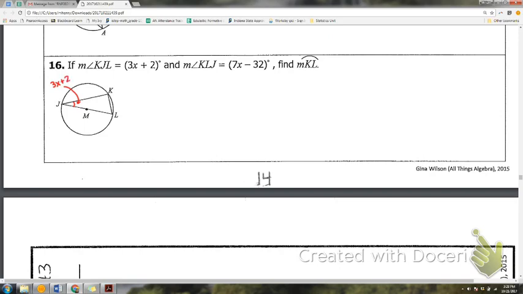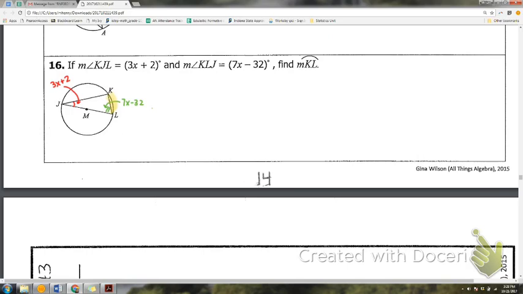And KLJ, this angle KLJ, is 7x minus 32. Find the measure of arc KL. So I want you to find KL.